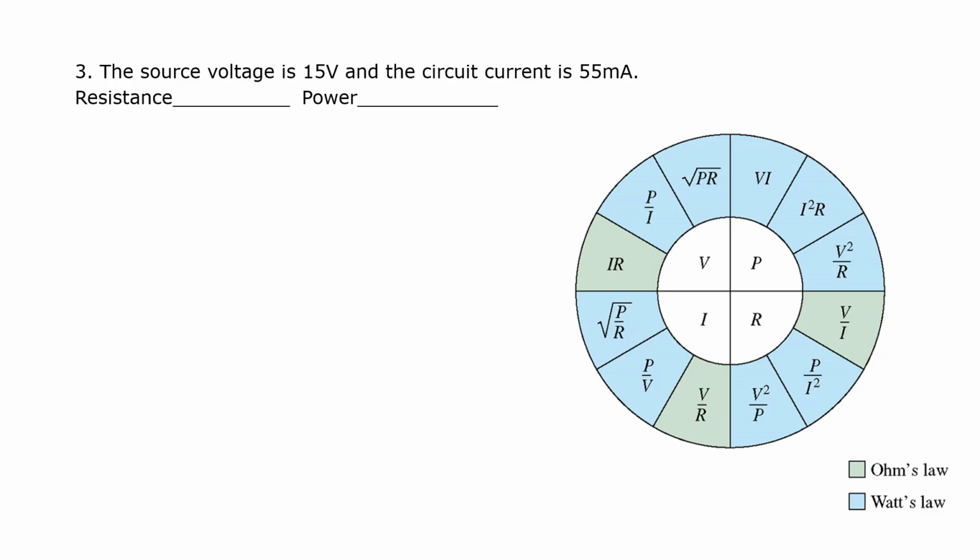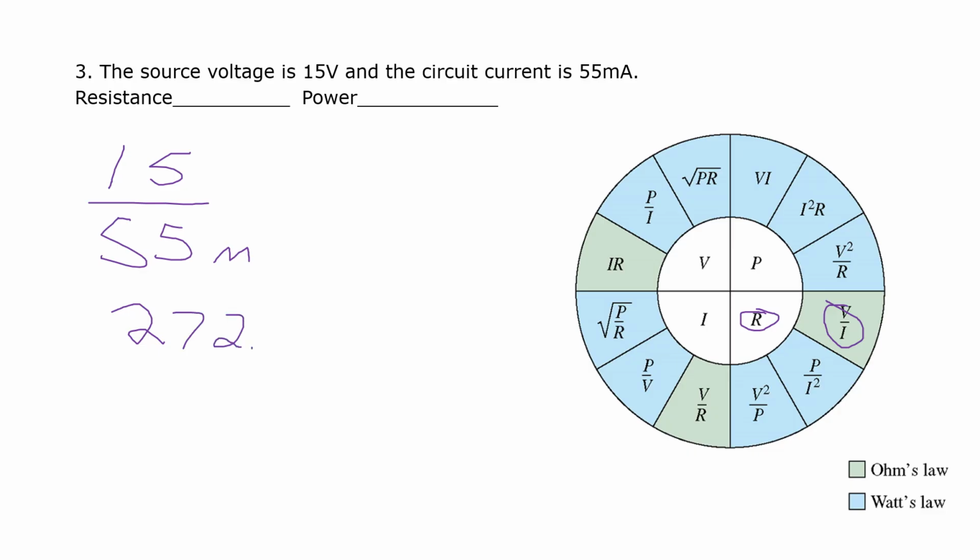So now we have voltage, current, and we're trying to find resistance. We got resistance, voltage, and current. So we're going to just simply do 15 volts divided by my current, don't forget, and you should come up with an ugly, ugly, ugly number. 272, make that decimal point more prominent. 727, the next number is 2, we just dropped that off.